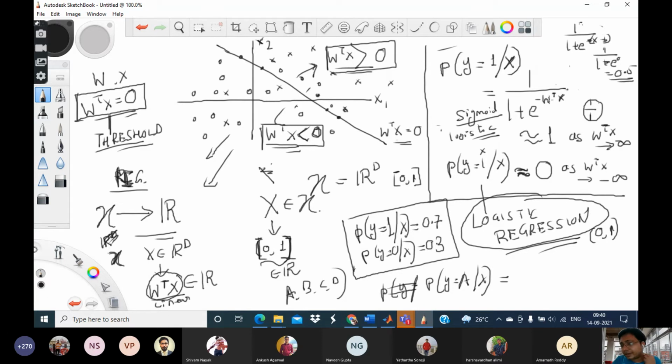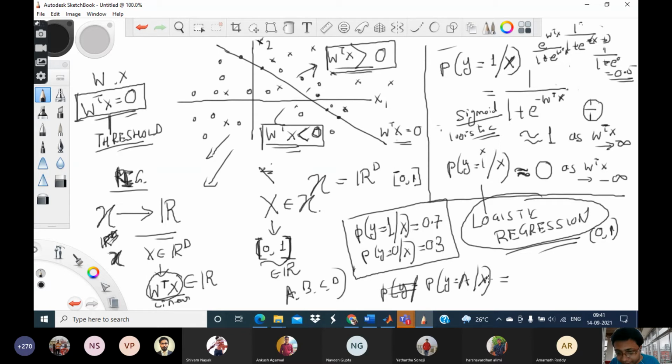Before writing that expression, let me just rewrite this sigmoid function. Here you can see that I can rewrite it as e to the power w transpose x by 1 plus e to the power w transpose x. Clear? You can understand this by multiplying both the numerator and denominator by e to the power w transpose x.